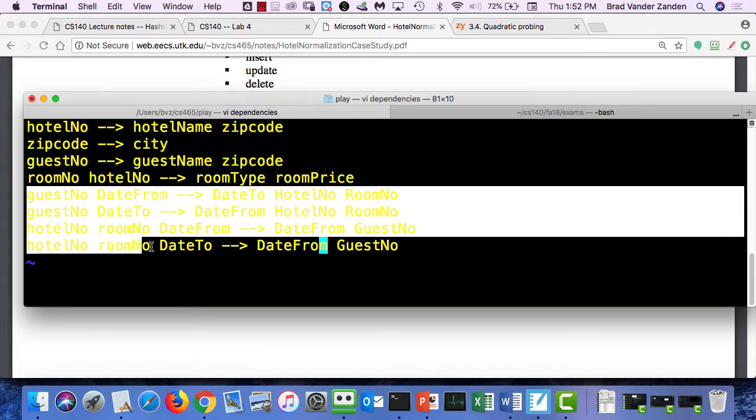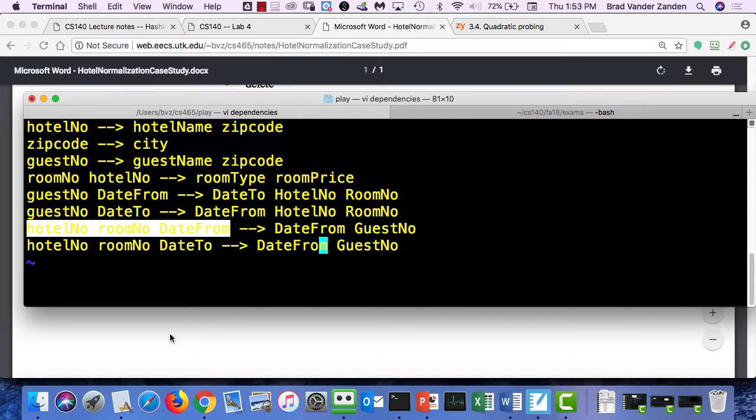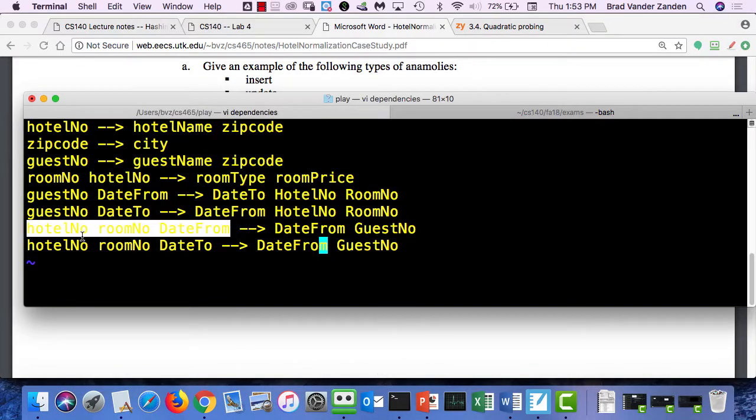However, let's just say there are more interesting partial dependencies if I make hotel number, room number, and date from be my primary key. Okay, so let's say that I make hotel number, room number, and date from be my primary key. What are going to be my partial dependencies?